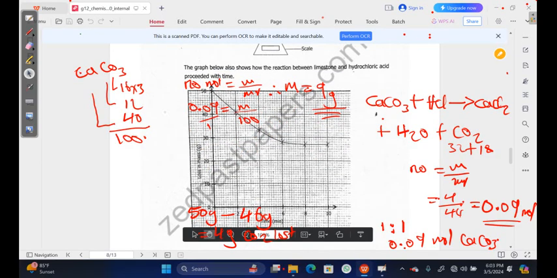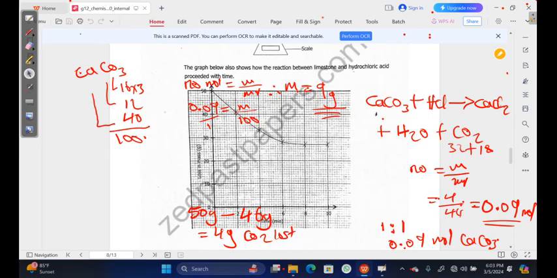So how now will the graph appear? So the graph, if we use a powdered one, it means most of it will be used up. It won't be saturated like the way it is here, because the number of particles influences the rate of the reaction. So the reaction will be a complete one.